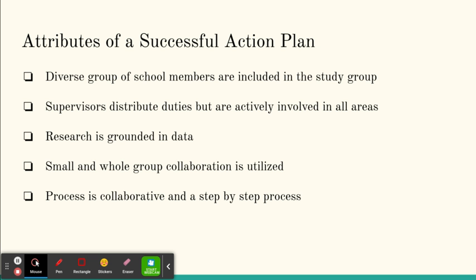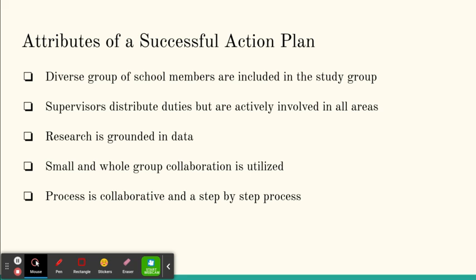So here are the attributes for a successful plan. So when looking at our plans, these are the things that we are wanting to have. It needs to be a diverse group of school members. Ding, ding, ding. There's our inclusive leadership again, including different people from around the building, whether any kind of diversity. I think specifically here it would be important to include grade level diversity, kind of getting some of that vertical planning.